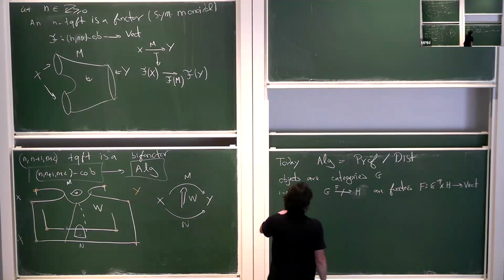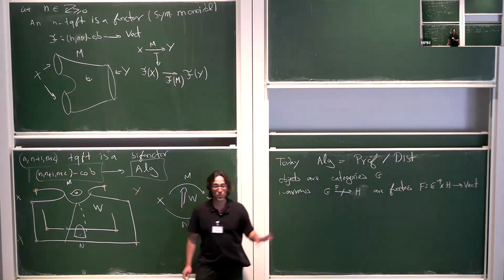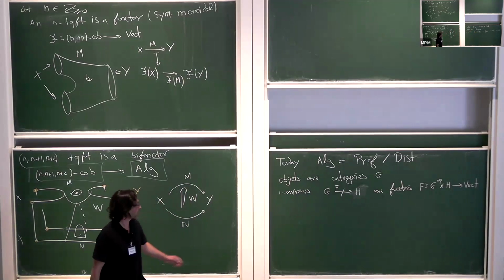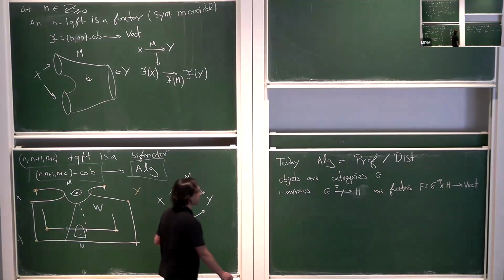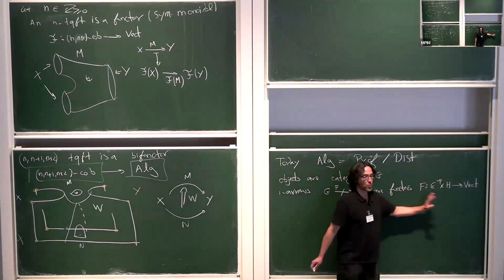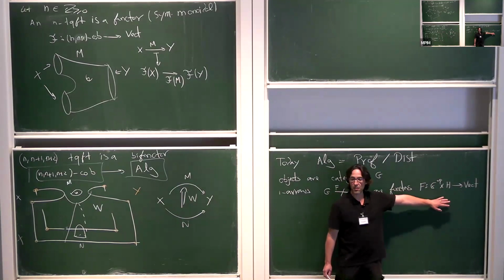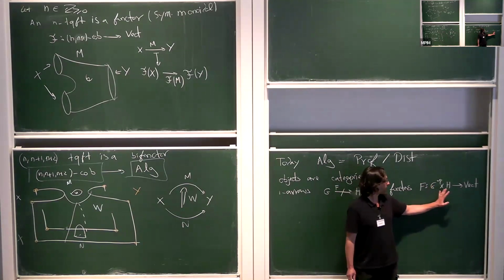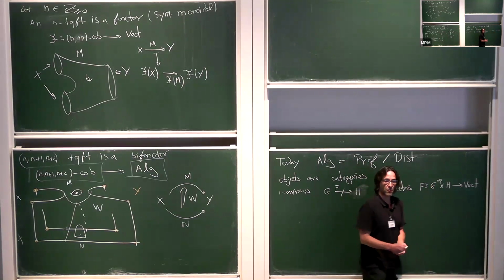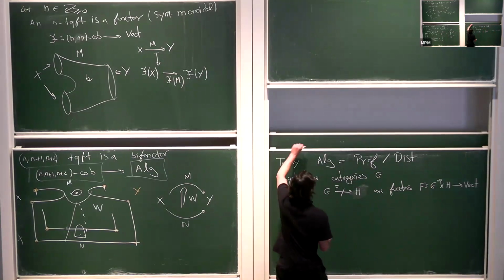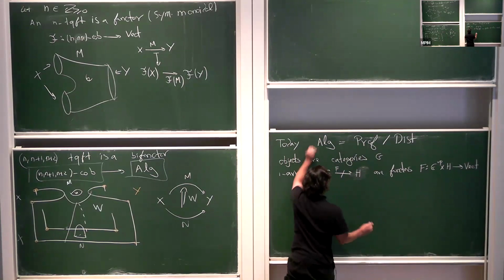So G and H are categories, and the natural way to go from the category G to the category H is via what's called a profunctor, which is, in this case, a functor from G up times H into Vect.